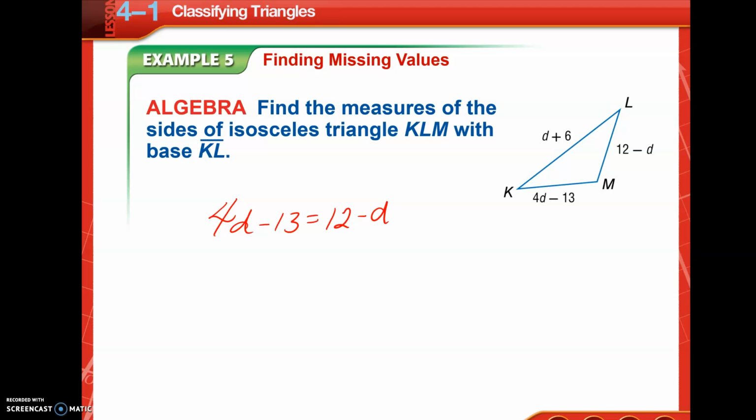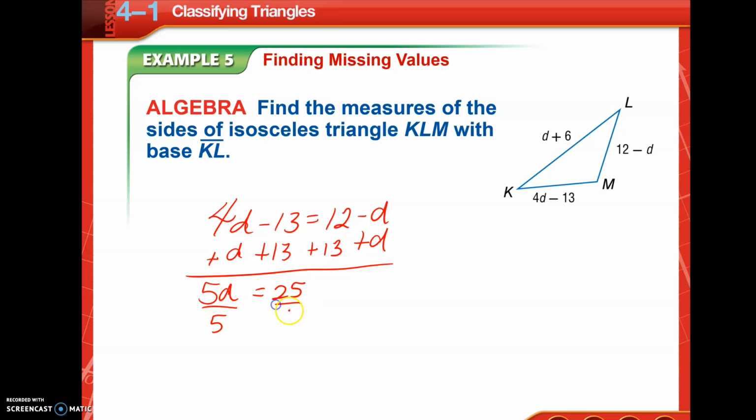Then you're going to add your D over. So I get 5D. And I'm going to add 13 over this way, and it gets 25. Then divide by 5, so D equals 5. Again, I'm not looking for what D equals, but what each side equals.